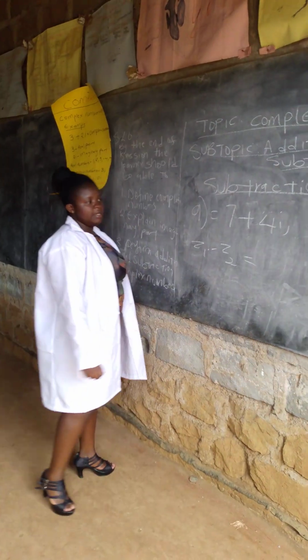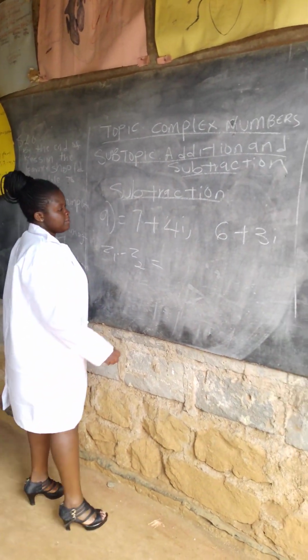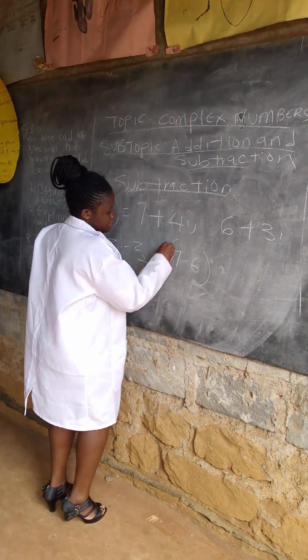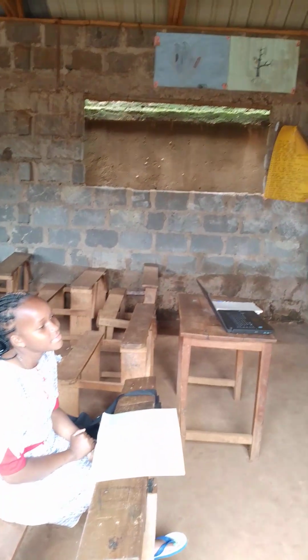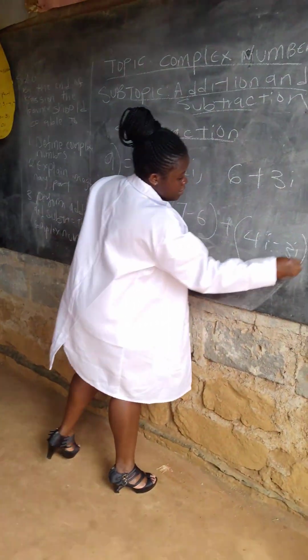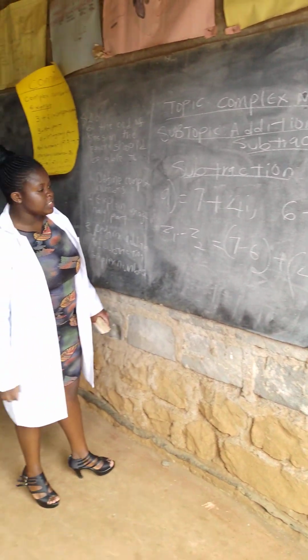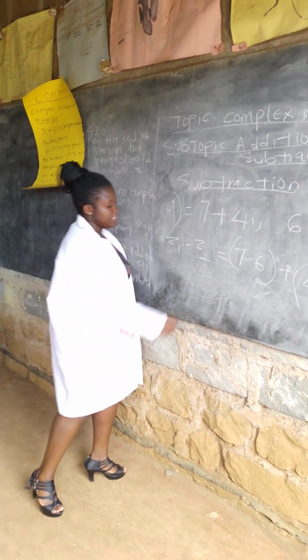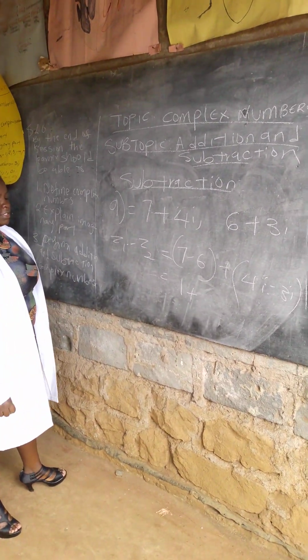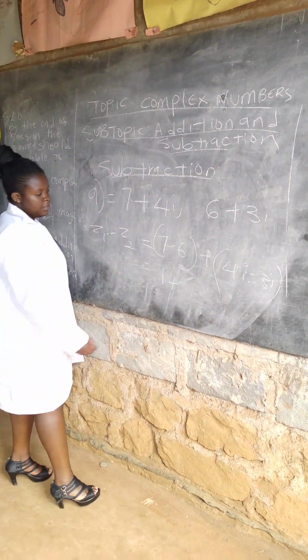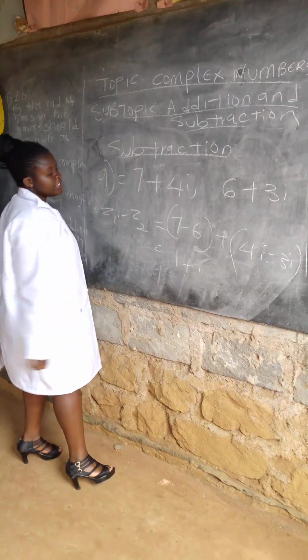What is the real part here? 7 minus 6. 7 minus 6, correct. Plus, what about the imaginary part? 4i minus 3i. Using your calculators, when you take 7 minus 6, what do you get? 1. That is 1 plus, what about 4i minus 3i, what do you get? i. That is correct. So that is the answer.